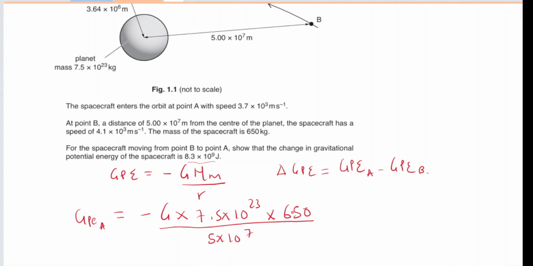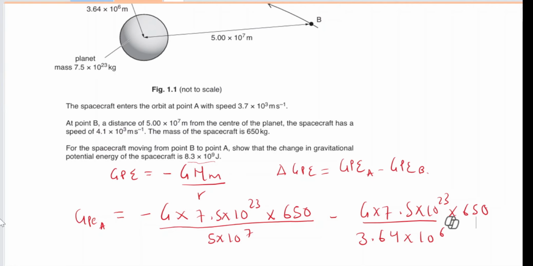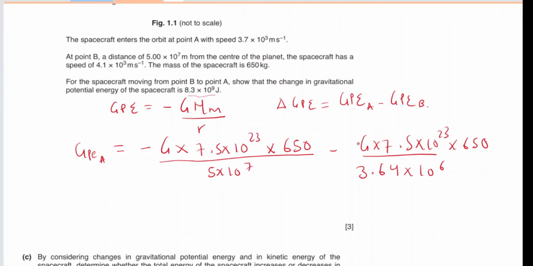And for B, you will have the exact same thing, and it's just that the radius over here will be 3.64 times 10 power 6. So this will be G times 7.5 times 10 power 23 times 650 again. Now, when you do this subtraction over here, note that there's also another negative over here because that's part of the formula, right? So GPE at A is this part, and GPE at B is this part.